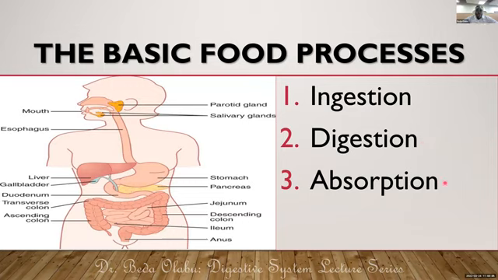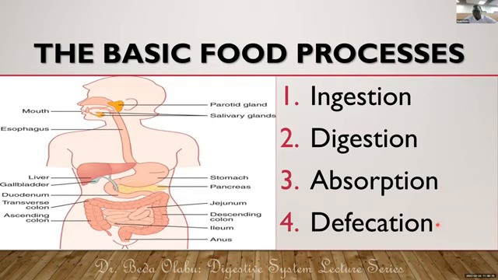Then we have the absorption process, which is the uptake of nutrients from the hollow GIT into the bloodstream. That is the absorption process. Most of the absorption will be taking place in the ileum as well as in the large gut. The large gut largely for water and minerals, and nutrients largely from the ileum.